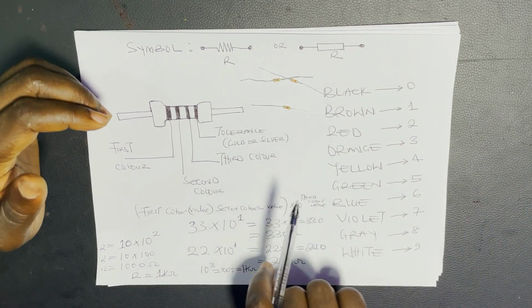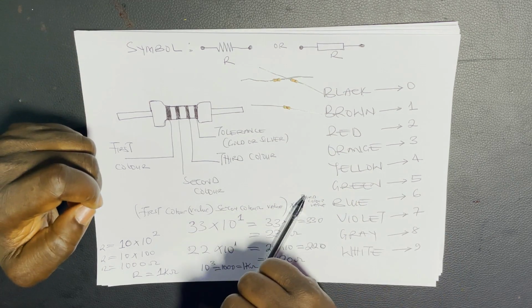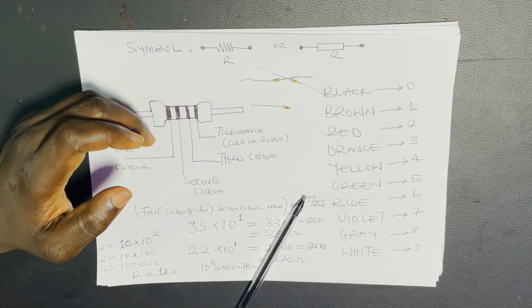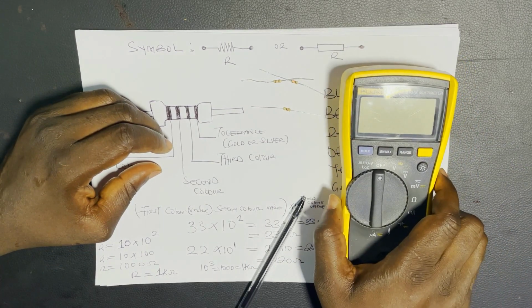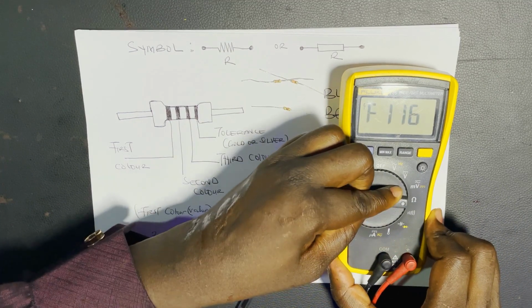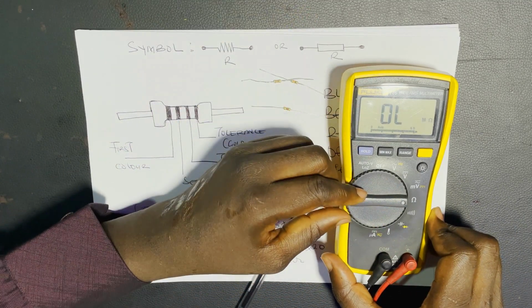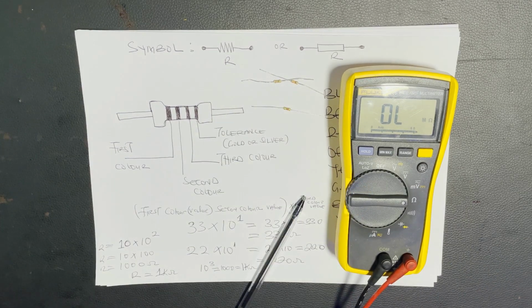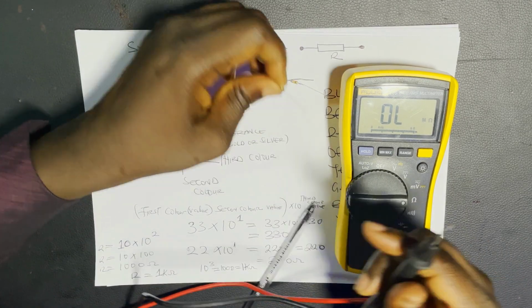So let me show you how to measure the resistance value using a digital multimeter. This is auto range. Don't forget that Fluke did not sponsor this video. So you take your meter.